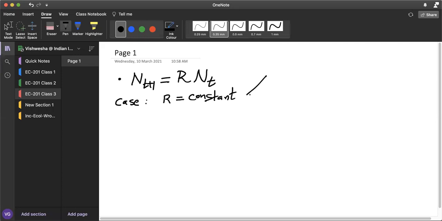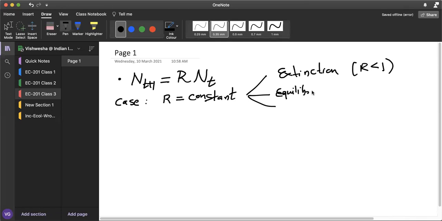In that there were three cases depending on the value of R: extinction, which happened when R was less than 1; a constant or equilibrium population when R was equal to 1; and an explosion, which corresponds to exponential growth, when R was greater than 1. This is what we found.